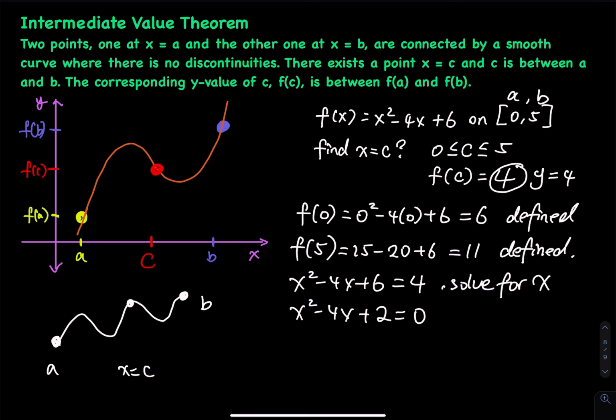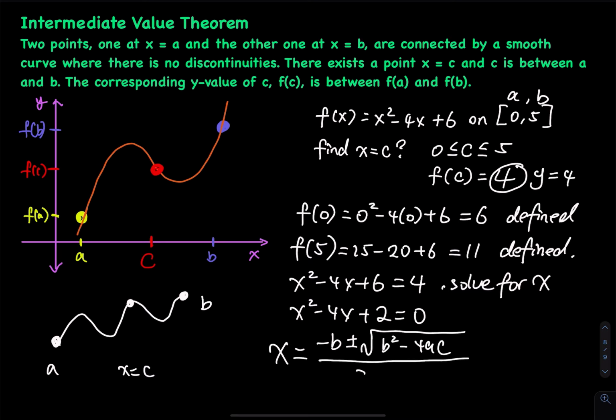So the quadratic formula is x equals negative b plus or minus the square root of b squared minus 4ac, divided by 2a. For a quadratic function, a is the coefficient of x squared, which is 1, and then b is equal to negative 4, the coefficient of the first power, and then c is the constant value, that is equal to 2.